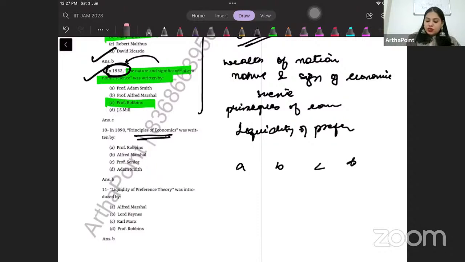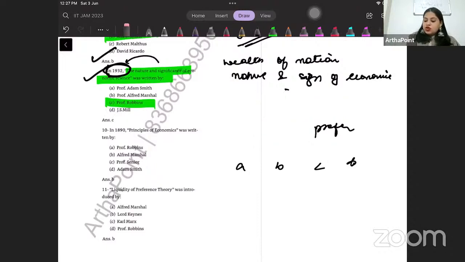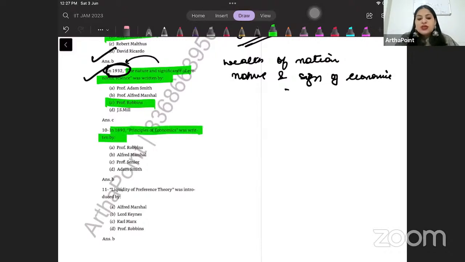Okay, come to the 10th question now. So the 10th question says that the Principles of Economics was written by, so Principles of Economics was given by Marshall. But जो भी बेस चीजें हैं ना, वो सब मार्शल ने दी थी ज्यादातर, स्पेशली अगर वो डिमांड, यूटिलिटी, इन सब से रिलेटेड है. If you Google, बहुत सारी जगहों पर मार्शल का नाम नहीं आता है.